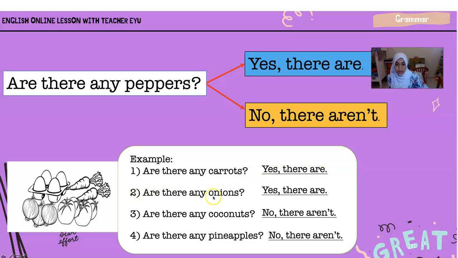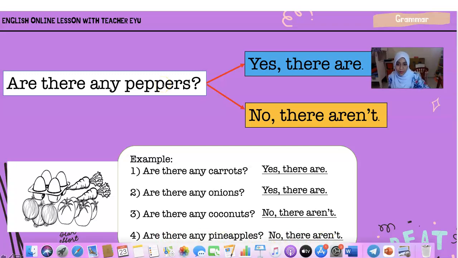Are there any onions? Yes, there are. Are there any coconuts? No, there aren't. Are there any pineapples? No, there aren't. I hope you can understand the sentence structures very well.